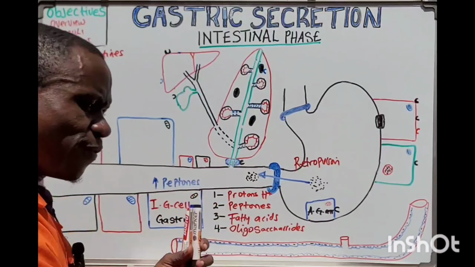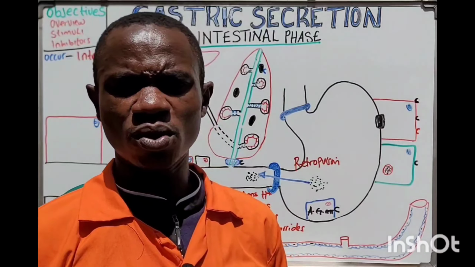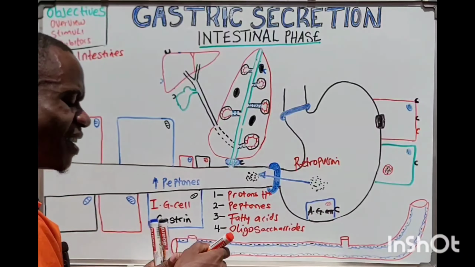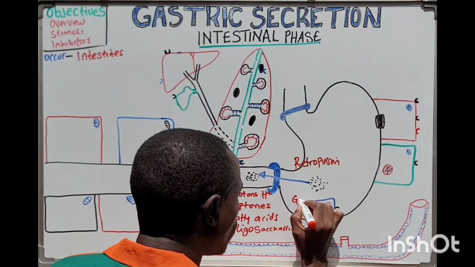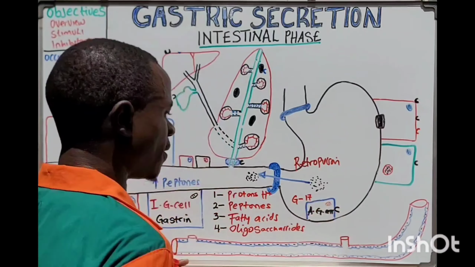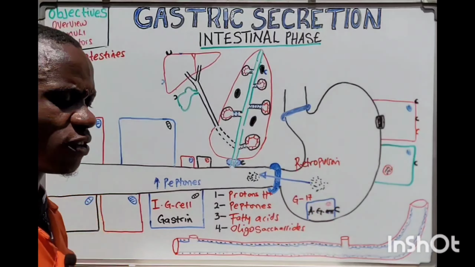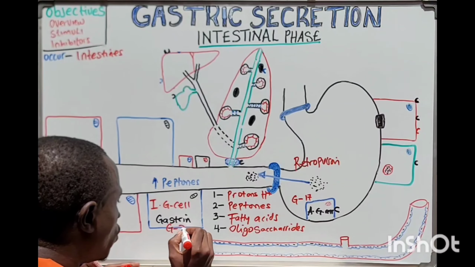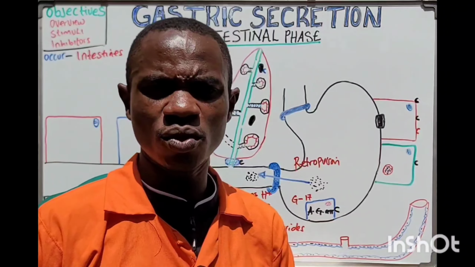The difference is generally in the chemical composition of the amino acids. This one contains approximately 17 amino acids, so it is G17. But the intestinal G cell has a long chain of amino acids, generally G34. That's the difference, but the effect is the same.